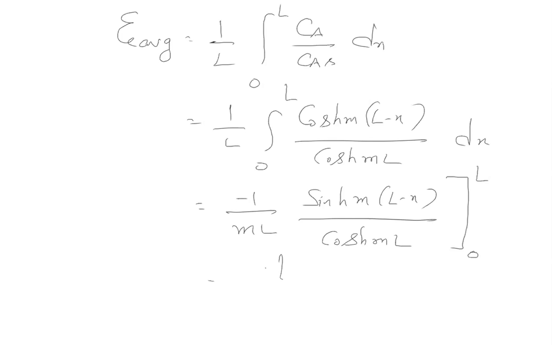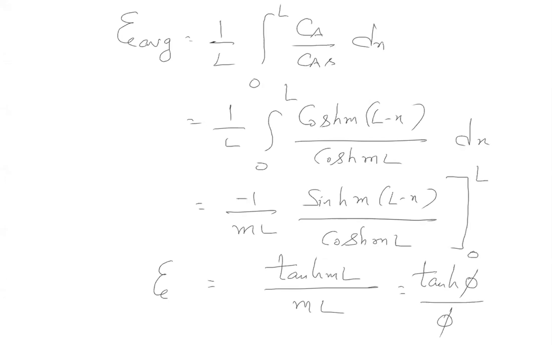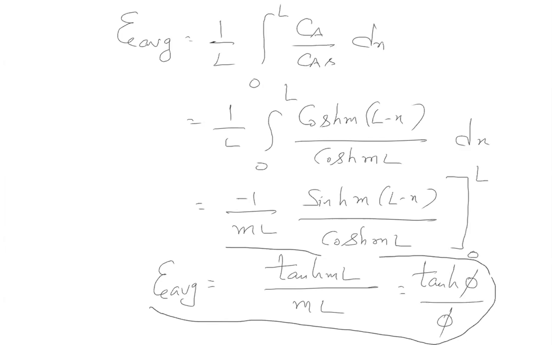If you put this in, you will get tanh mL by mL, which is called tanh phi divided by phi. So my average effectiveness factor is tanh phi by phi.